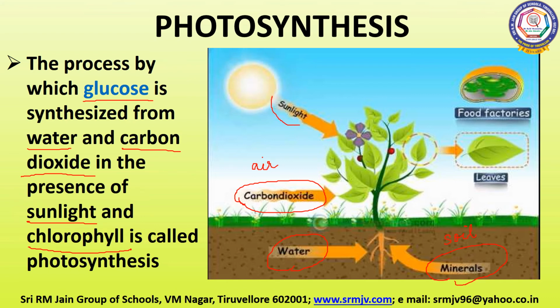Using sunlight as a source of energy, it converts simple substances into complex food for the plant. This process is carried out by the leaf. That is why leaves are called the food factories of the plant.